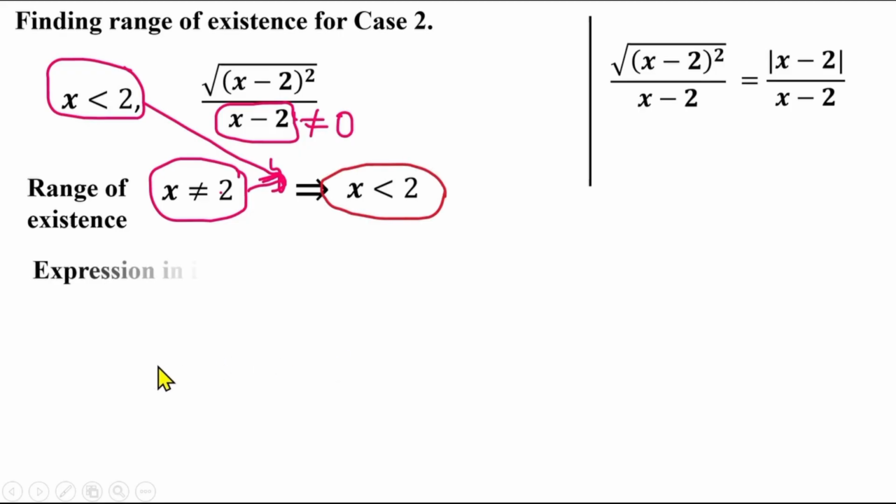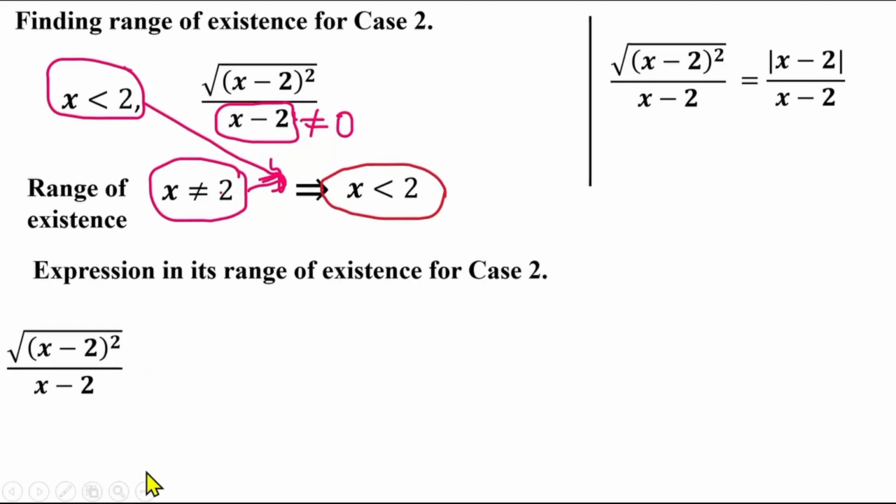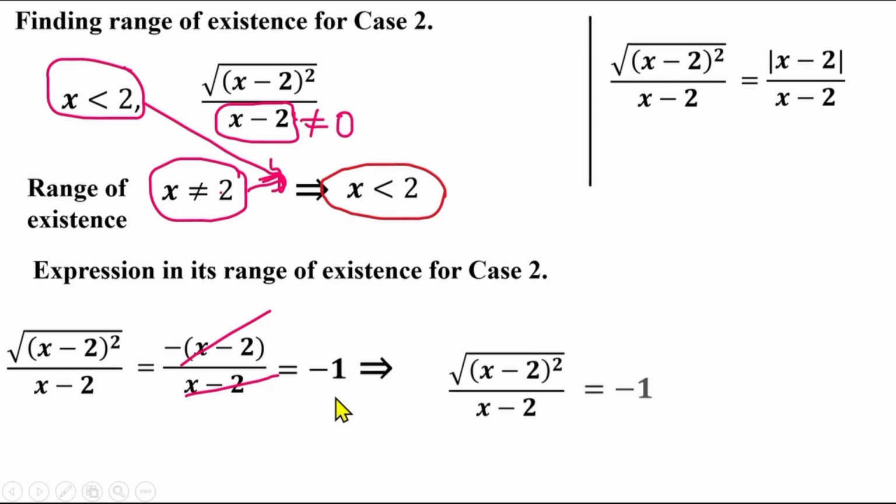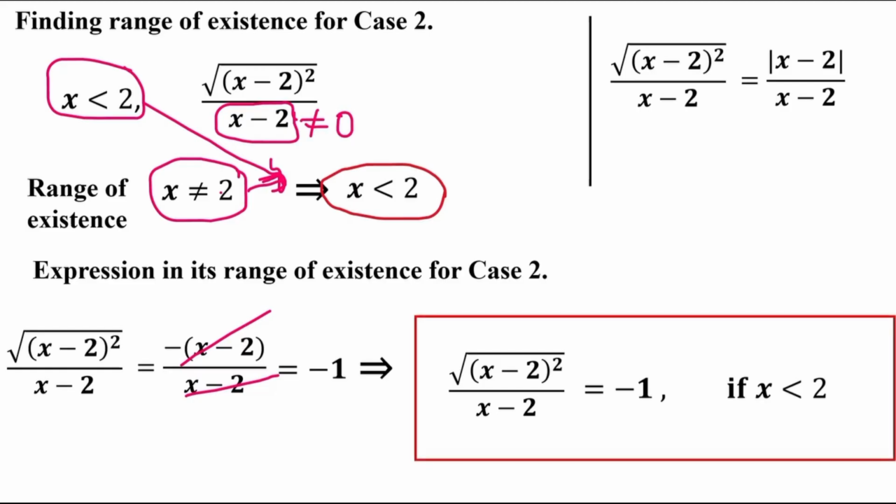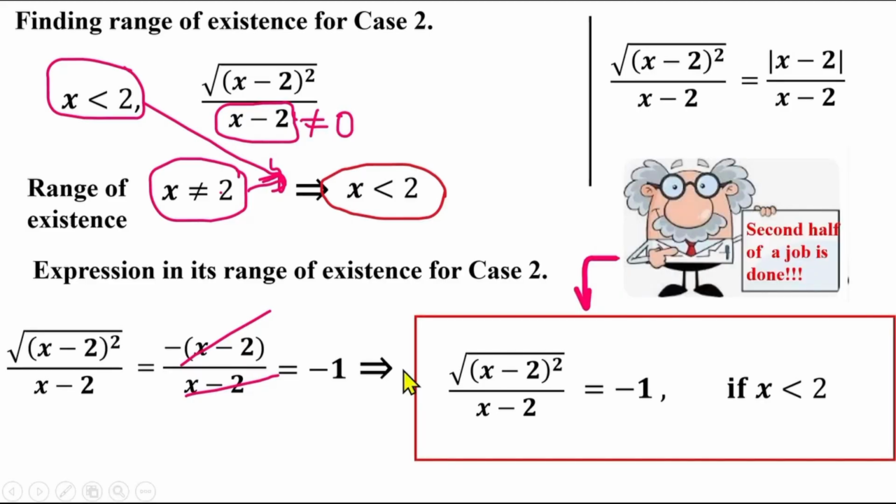We rewrite the expression in this range, and now we can cancel x minus 2, because for this interval, x minus 2 is not equal to 0. And we have here negative 1. So for case 2, we have the following answer. And we solved the second half of the job.